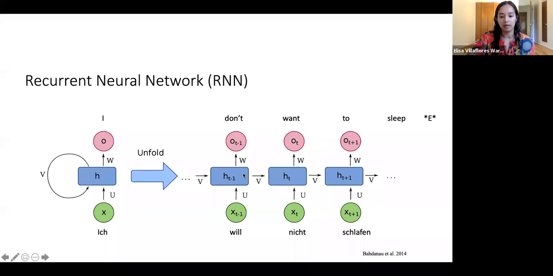When you get to, for example, this word schlafen, at the end of the sentence, it basically gets the feature vector which comes from the previous word nicht. In theory, that feature vector should carry some information about the node before that, which is will, but over time, this memory decays very quickly.